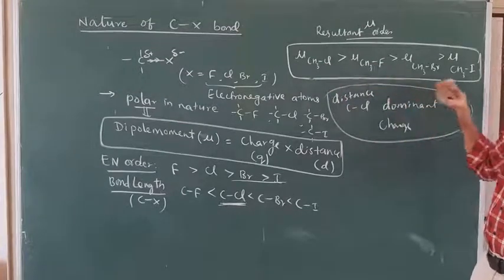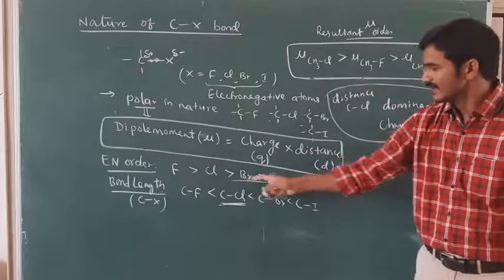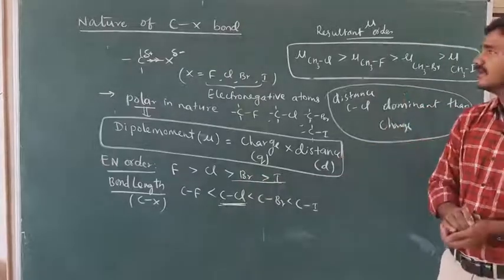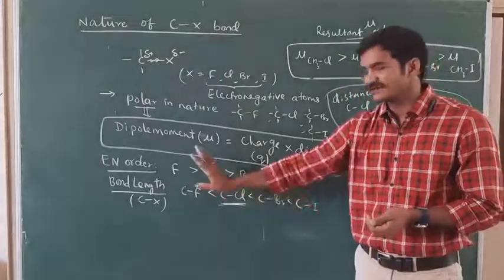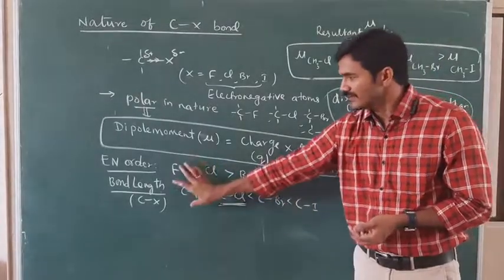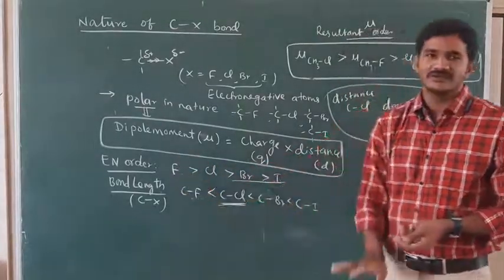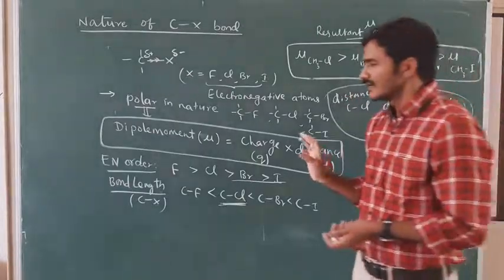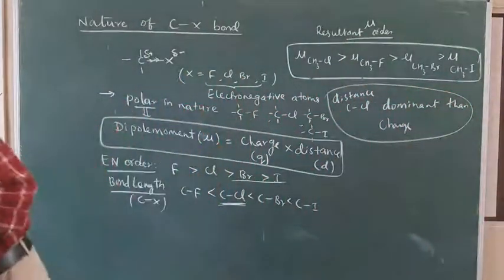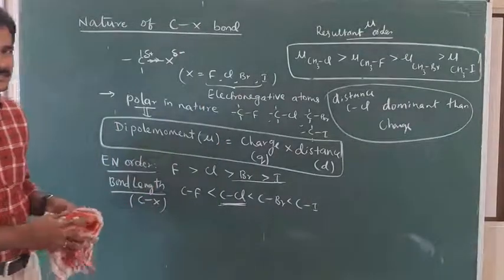Understood? The remaining ones are normal and follow the electronegativity idea. Finally, the dipole moment order is based on both factors, not only one. The charge factor and length factor together give the resultant dipole moment value. Okay, got it? This is how we can explain the polarity of the C-X bond.